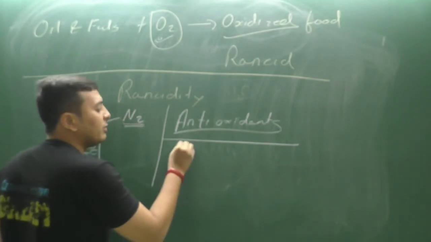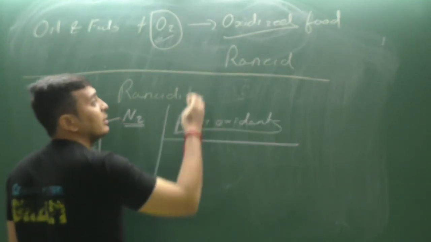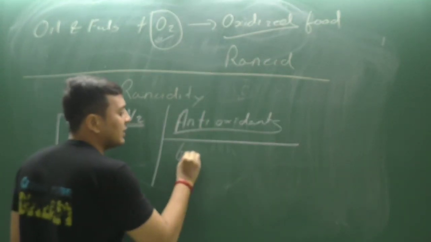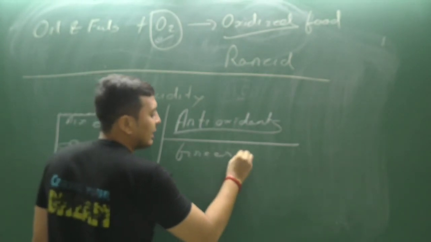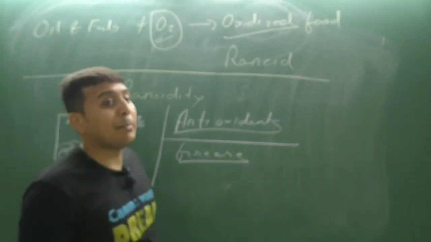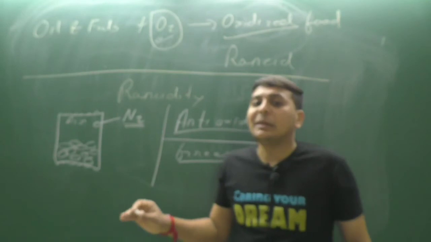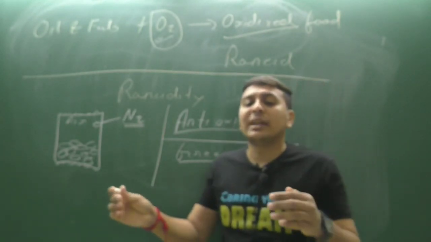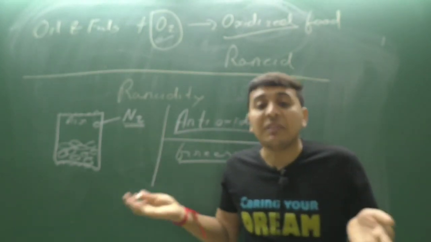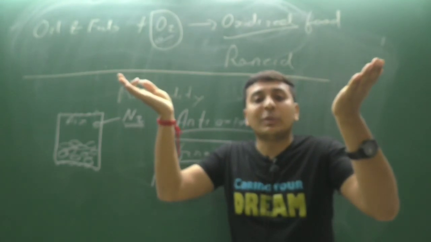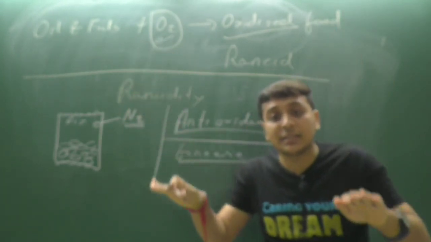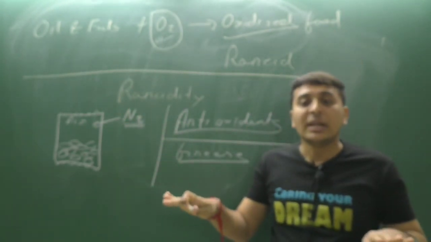Or we can keep the food in the freezer. Clear? So it means decreasing the temperature. If we decrease the temperature, then any chemical process gets slowed down. If we increase the temperature, the speed of the reaction increases. If we decrease the temperature, then the speed of reaction decreases.